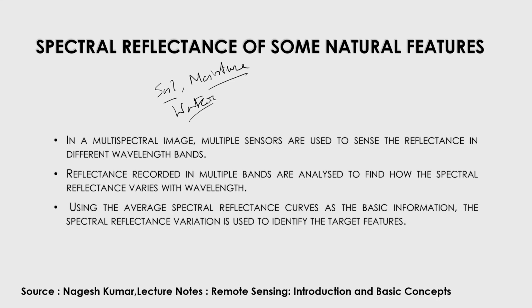In the case of water, the different forms also have different reflectance: ice, gas, and liquid. Ice means the solid phase, gas means the gaseous phase, and liquid means the liquid phase.